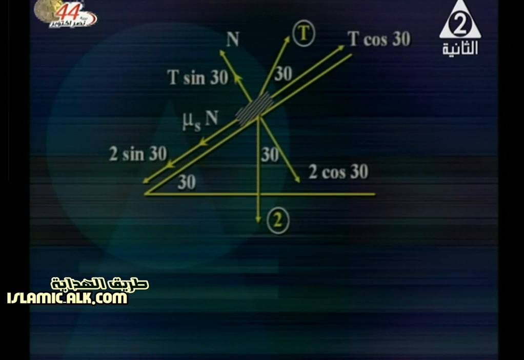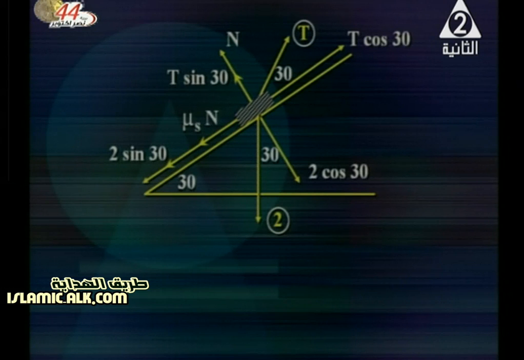We have tension T. We resolve T into T cosine 30 and in the perpendicular direction T sine 30. The body is moved upward, then mu Sn is downward. What do you mean mu Sn? Excellent student. Mu Sn means static friction force or limit friction. Mu Sn is downward. Why? Because the tension makes the body move upward.